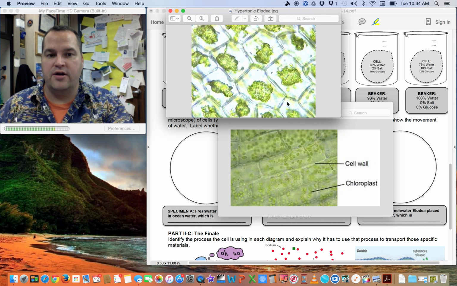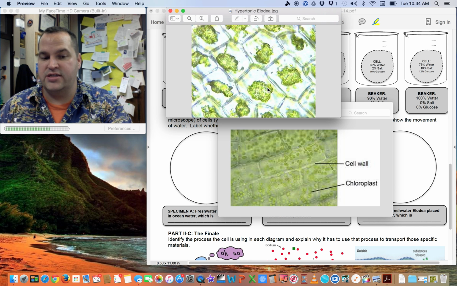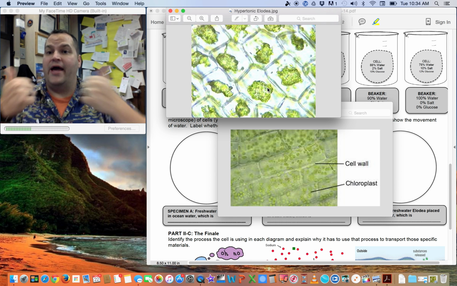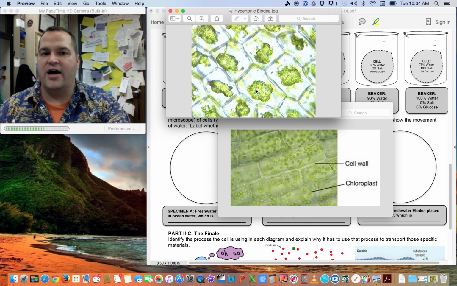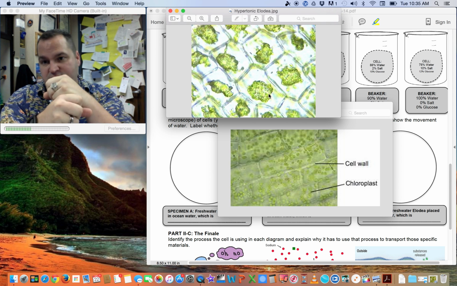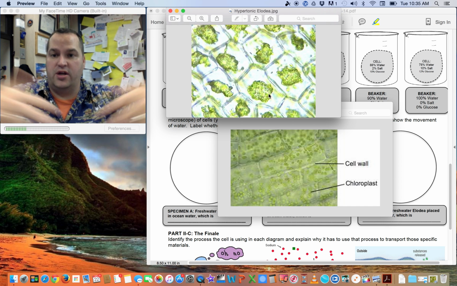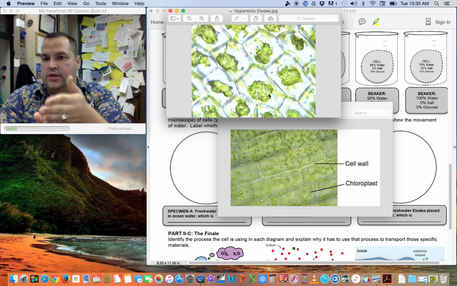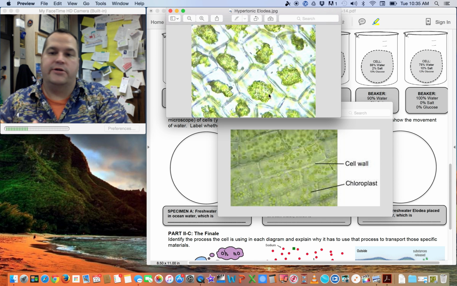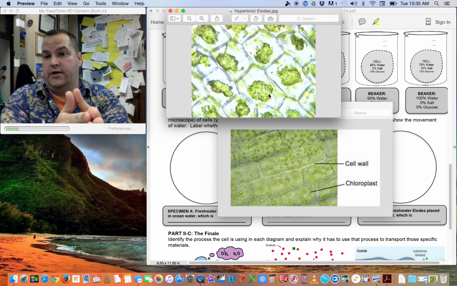If you look here, notice how the cell membrane has closed in on itself because all that water has gone out. Remember, hypertonic, we're going to lose water. So what's happened is all the contents of the cell have just kind of sucked in on each other because the water has evacuated. The water has left, okay? Because salt water, in this case ocean water, is hypertonic to freshwater cells, right?